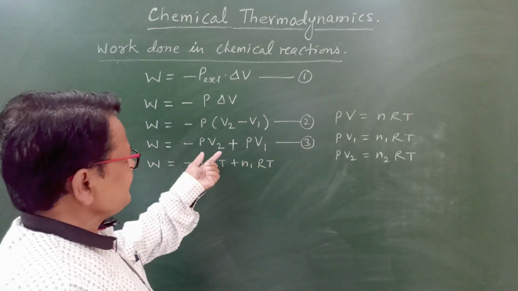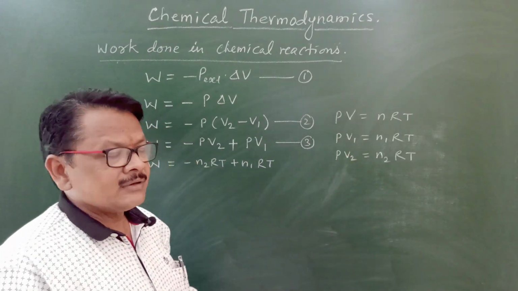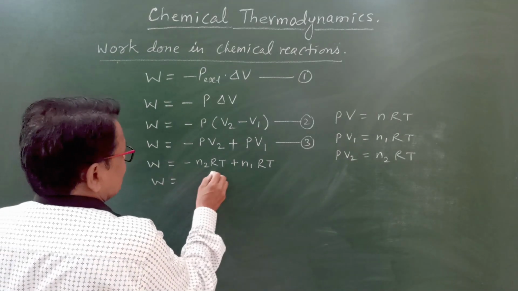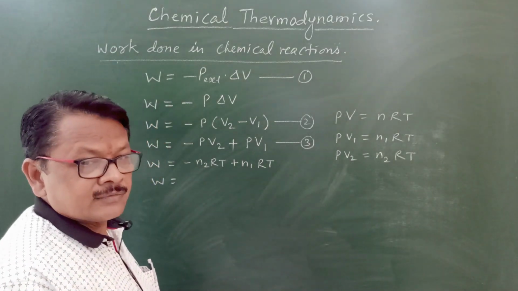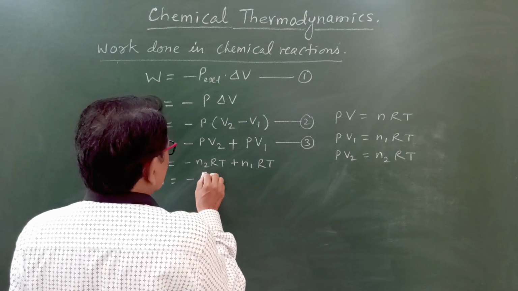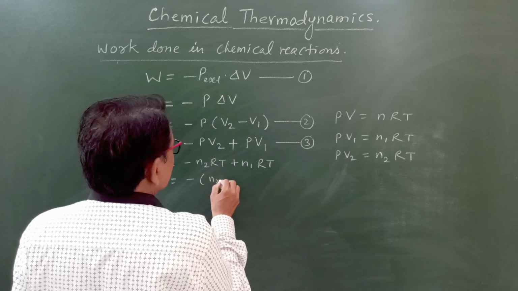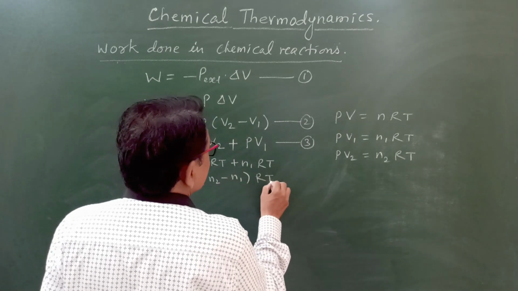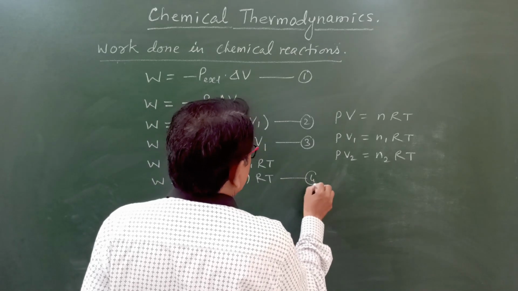What we did here is simply put in the values of PV1 and PV2. Here RT is common, it can be taken out of the bracket. Then what will remain in the bracket? N2 minus N1, with RT outside the bracket.